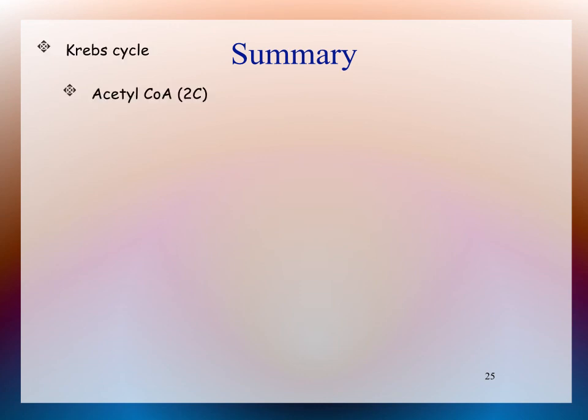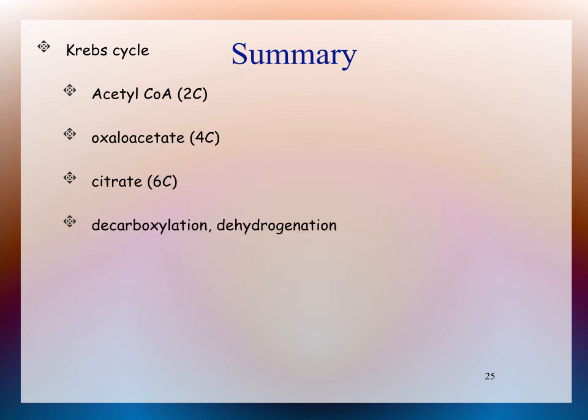Acetyl coenzyme A, which is a 2 carbon molecule, combines with oxaloacetate. What does it form? Citrate. This gets decarboxylated and dehydrogenated to form a 5 carbon molecule. A series of steps occur to regenerate oxaloacetate again. So ATP is also formed.